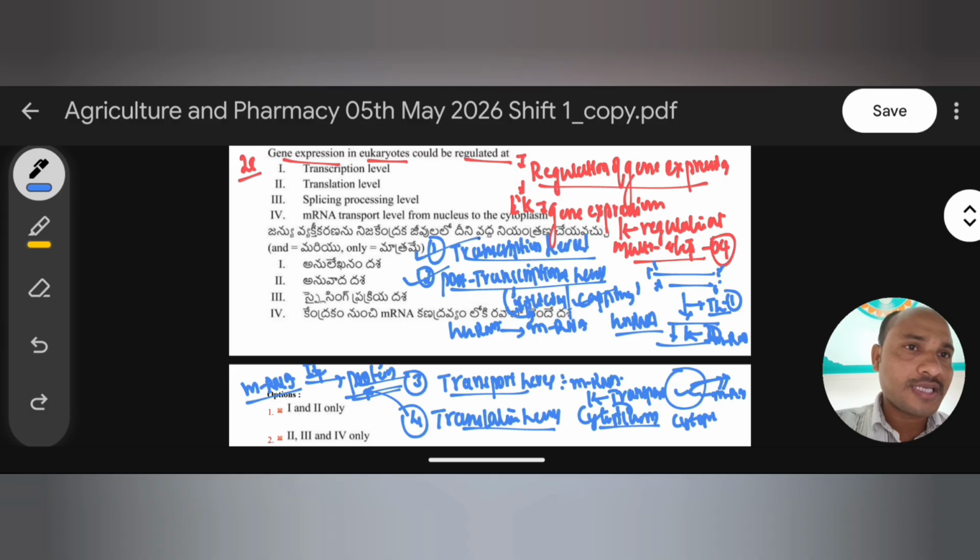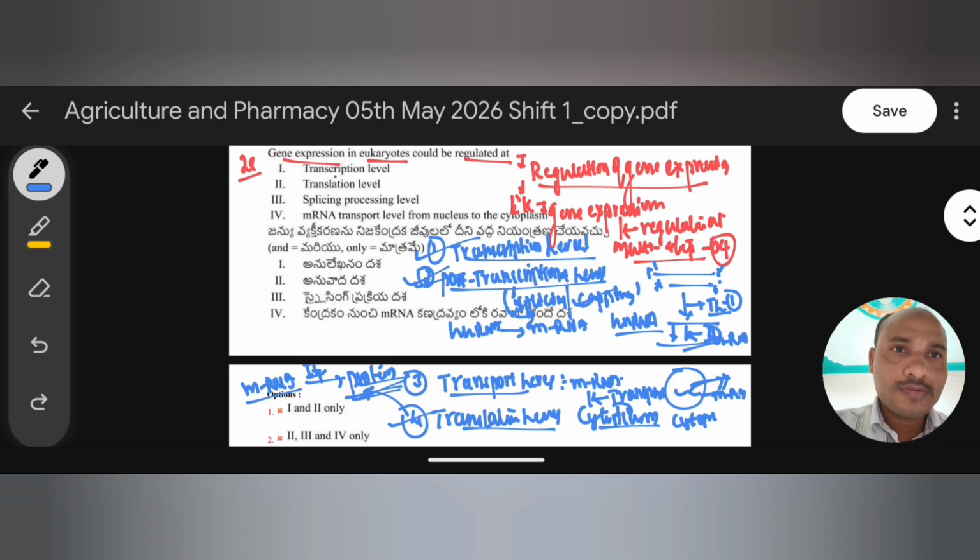The result of the transcriptional level is the formation of hnRNA. The result of the post transcriptional level is the formation of mature mRNA. Then at the transport level, the matured mRNA moves from the nucleus into the cytoplasm. In the cytoplasm, it undergoes the translational level, the last level, in which mRNA undergoes translation to form protein. Like that, the gene can be regulated in four steps.